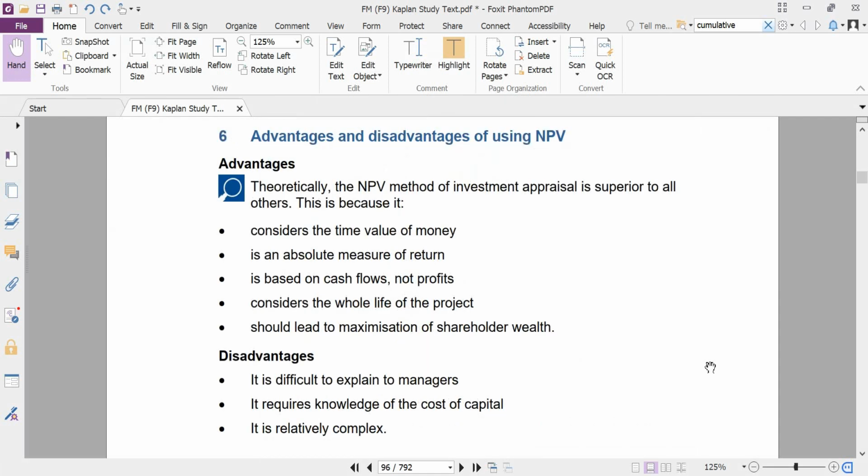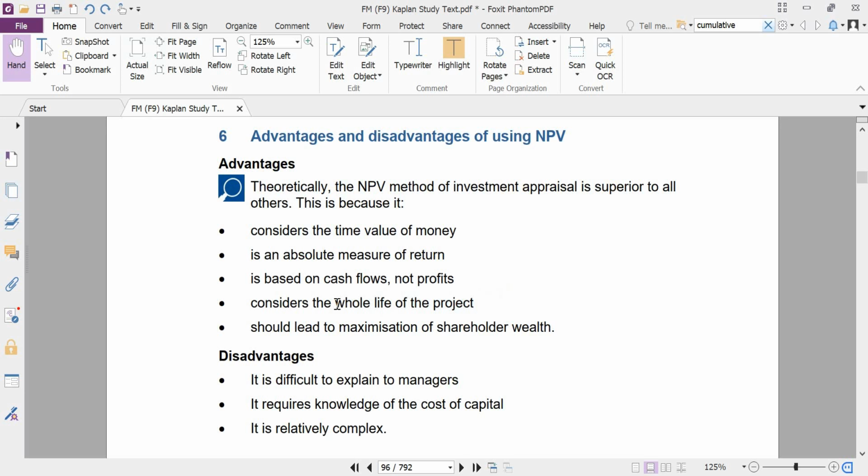Now here we have some advantages and disadvantages related to NPV. As we discussed, it leads to the maximization of shareholders' wealth, and it considers the whole life of the project. In the payback period, as we saw, it only considers the time at which the investment can pay back, and ignores the rest of the cash flows after that period.